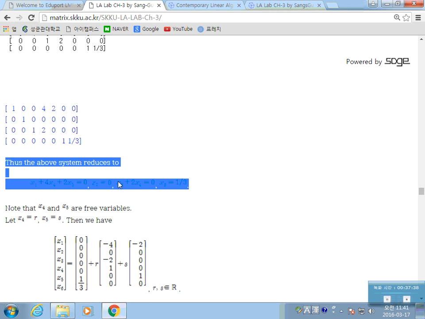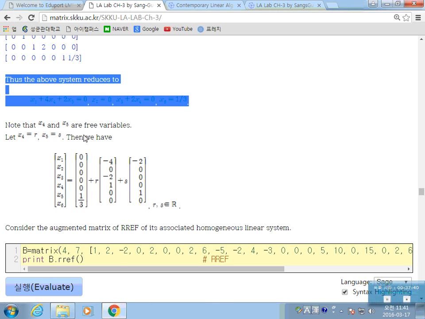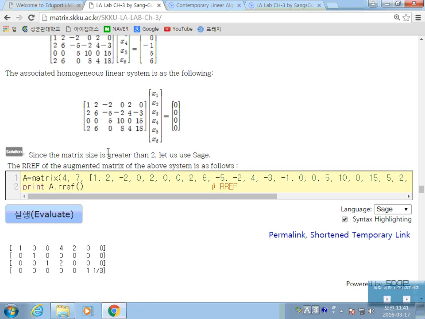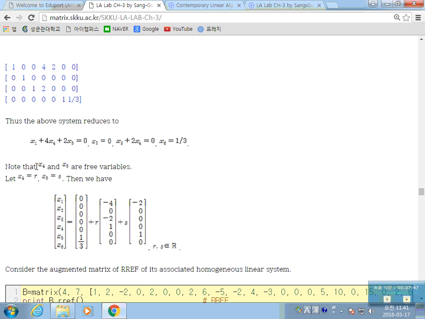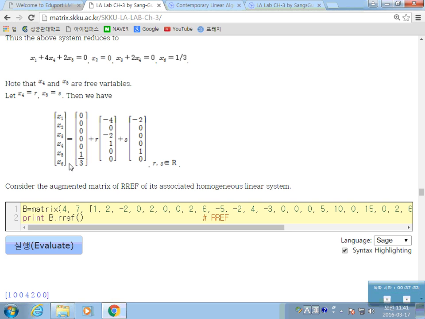Next. Just find one solution that satisfies this equation. Just plug in one particular solution.